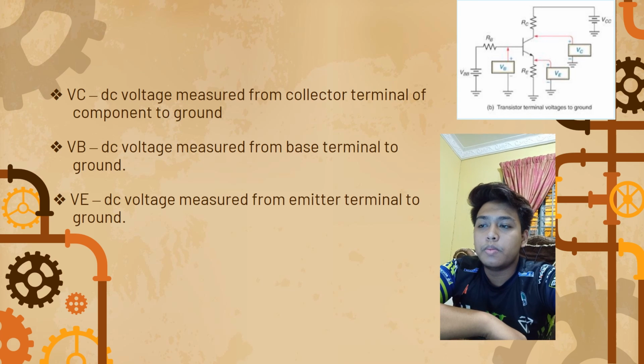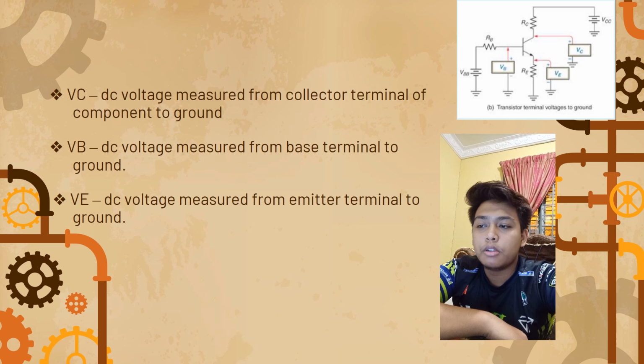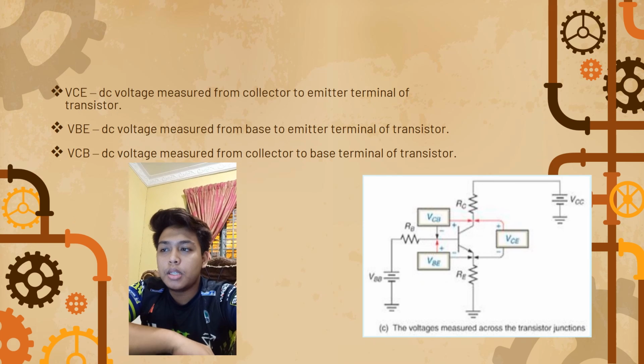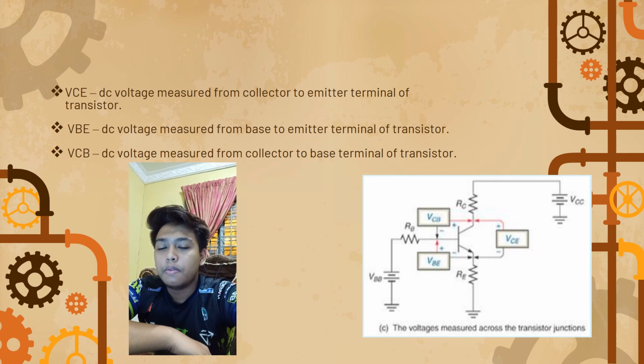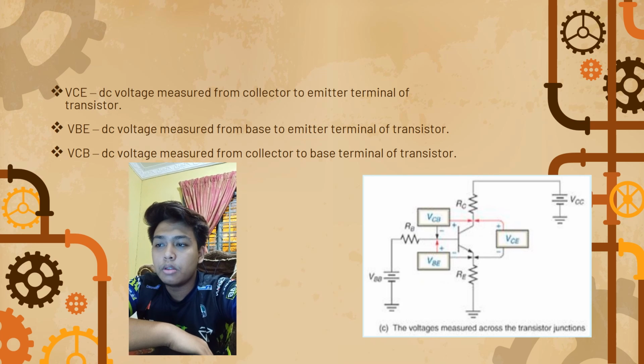VC, DC voltage measured from the collector terminal of the component to ground. VB, DC voltage measured from the base terminal to ground. VE, DC voltage measured from the emitter terminal to ground. VCE, DC voltage measured from collector to emitter terminal of the transistor. VBE, DC voltage measured from base to emitter terminal of the transistor. VCB, DC voltage measured from collector to base terminal of the transistor.